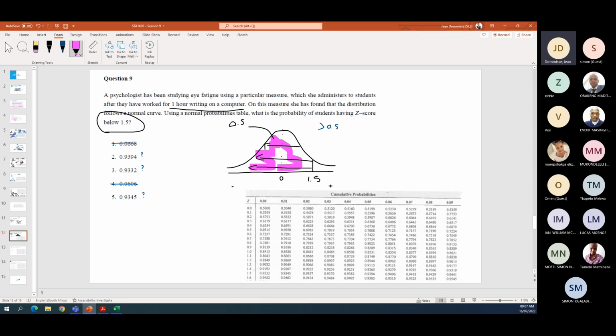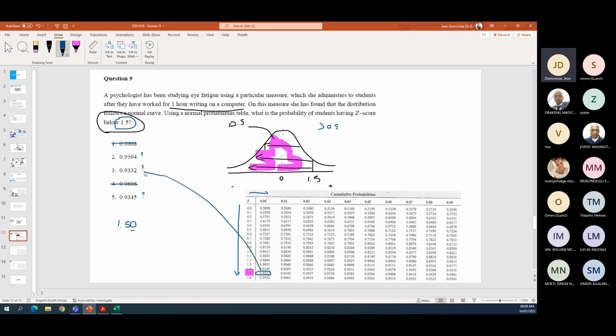So 1.5. So I go down to 1.5. The one thing that we need to now realize here, it is 1.50. Okay, so going down to 1.5 and then across to where it's 0. So it's basically where these two meet. And that is then my answer, option 3.